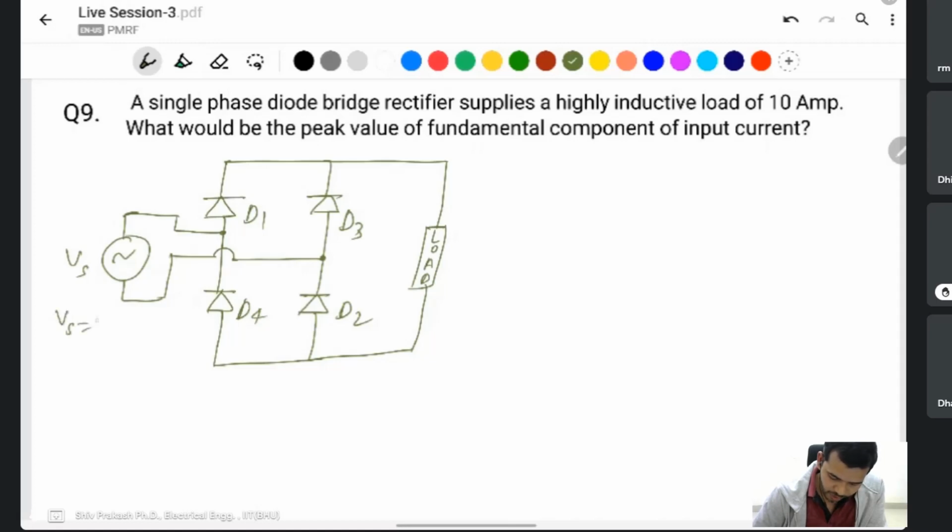Vs is Vm sin omega t like that. In the positive cycle, D1, D2 will conduct, and in the negative cycle, D3, D4 will conduct. I mention a voltage polarity for reference only, because AC does not have a fixed polarity, but as a reference I will take a positive and negative.